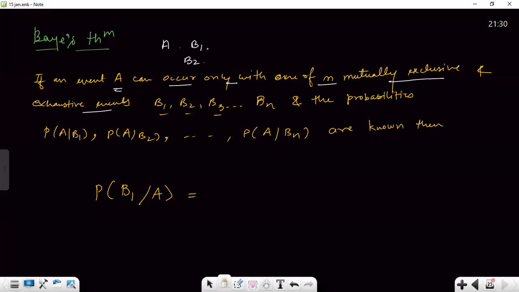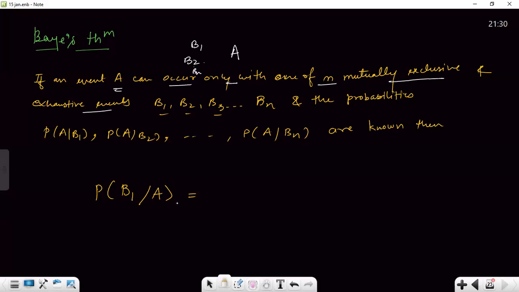One of these n events will happen, then only A can happen. So it would be apt to say that first there will be an event occurrence out of these n events, and then only event A can occur. So first one of B1, B2, Bn will occur, then event A will occur.